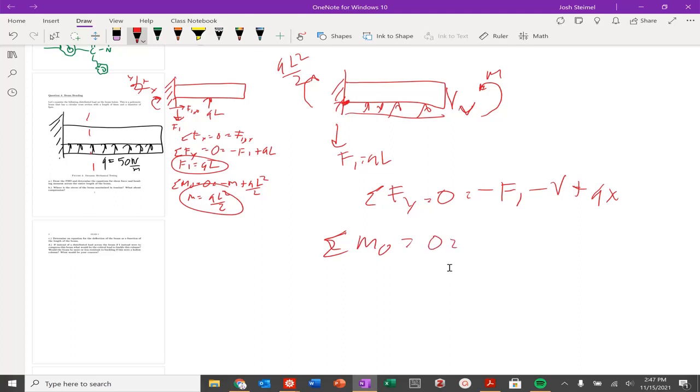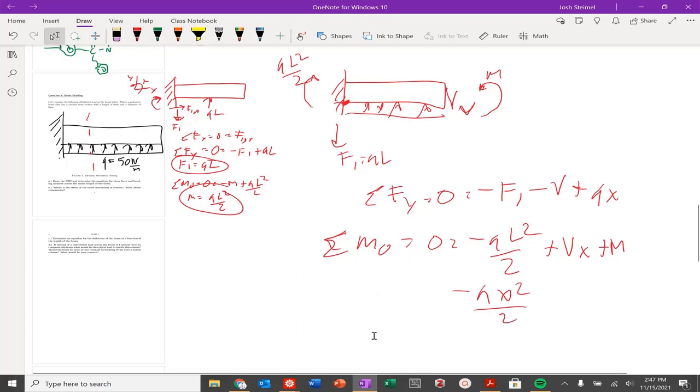So we have basically this minus QL squared over 2. We also have this positive Vx. We also have that positive moment plus M. And we also have a minus Qx squared over 2, because we're valuing that at x over 2.